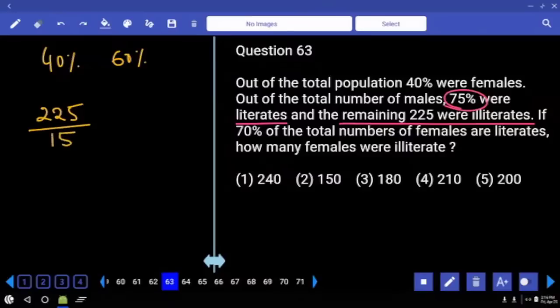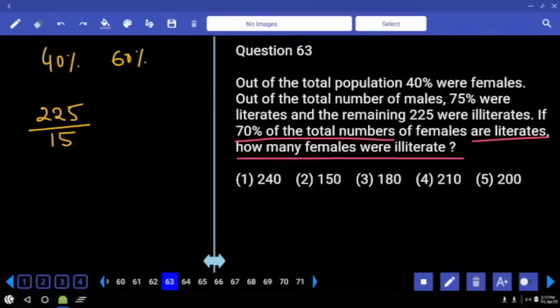1% value is 225 by 15. Don't calculate, this is the 1% value, remember. If 70% of the total number of females are literates, how many females were illiterates? If 70% are literates, illiterates are 30%. 30% of female, right? 30% of 40 is 12.